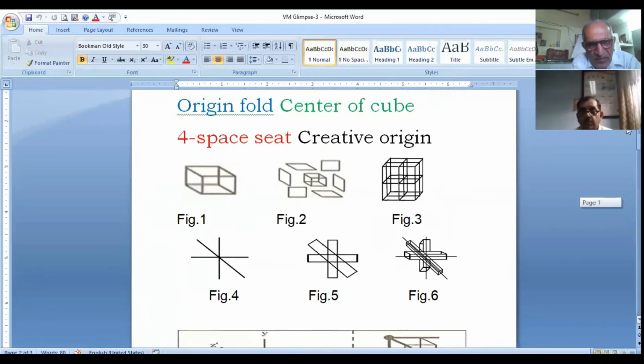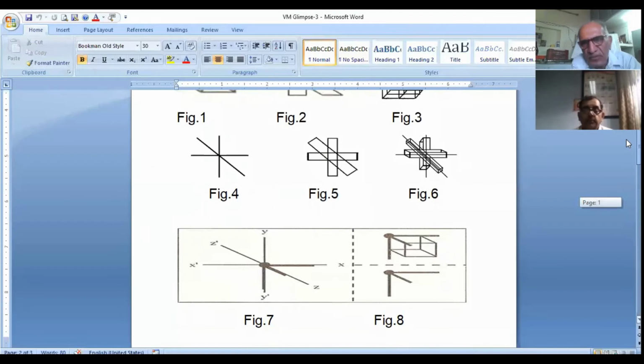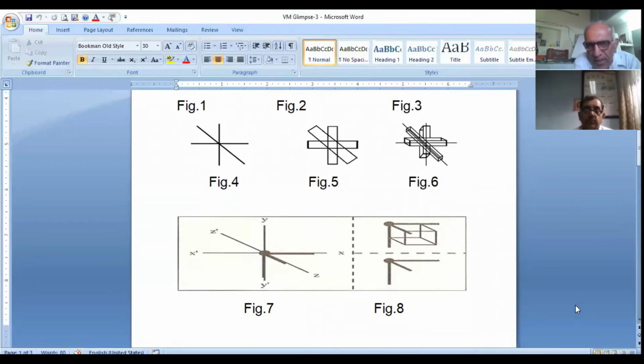See figure 7. Now it is a 3-dimensional frame. There are 3 axes, but each axis, because of the center, is of 2 parts. Now let us have a fresh look at figure 8, at the corner of the cube. At the corner of the cube, there are 3 edges separating.